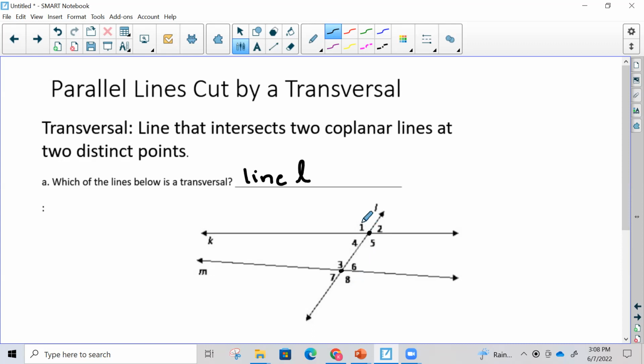We talked about vertical angles, which are formed by intersecting lines, like 1 and 5 and 4 and 2, and we'll be using those still. And we have talked about supplementary angles that form a line, like 1 and 2, 2 and 5, 4 and 5. But now these angle pairs are comparing angles on two different lines.